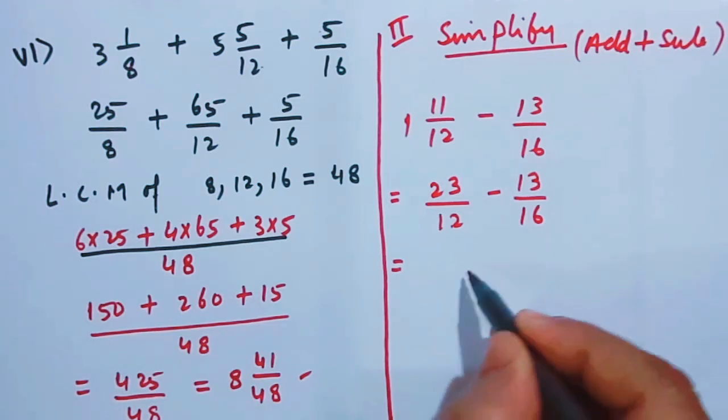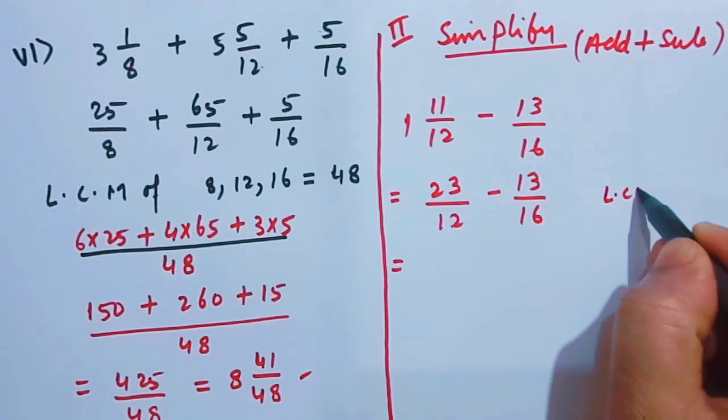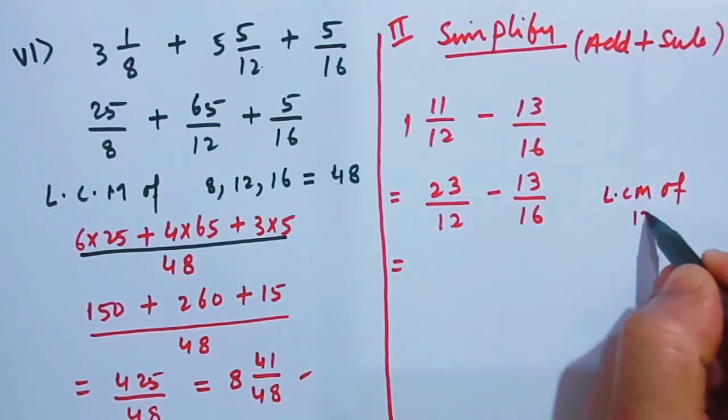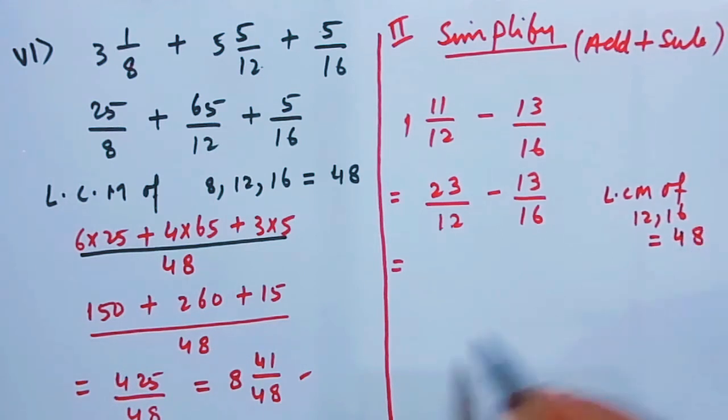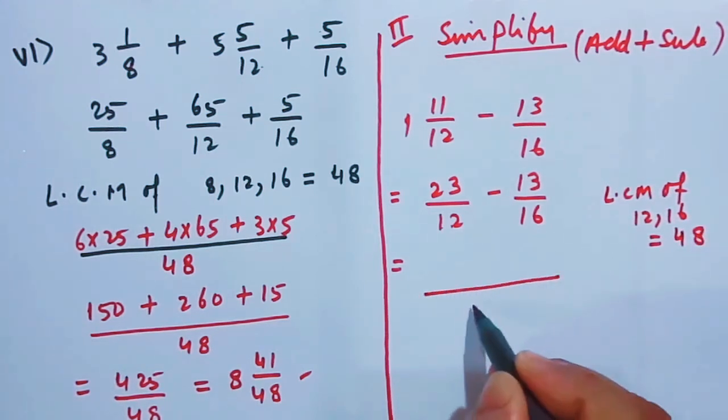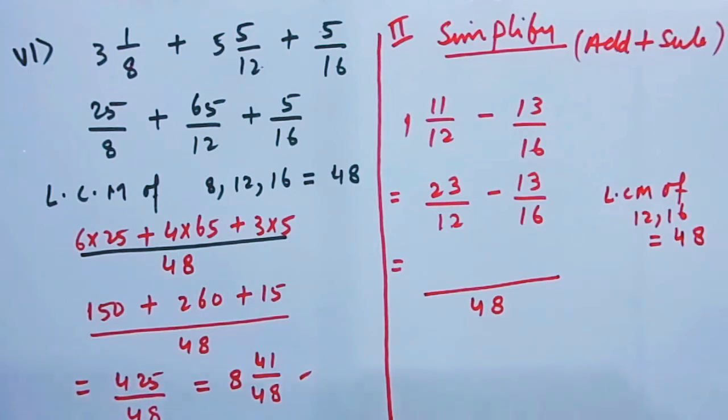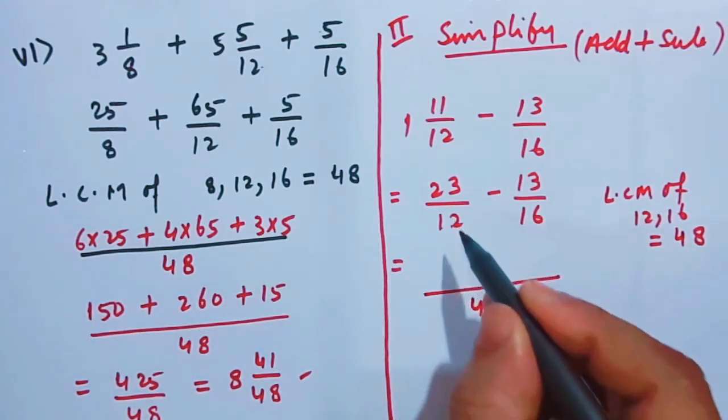So the LCM of 12 and 16 is equal to how much? 48. Have a look. So 48 divided by 12 is equal to how much?